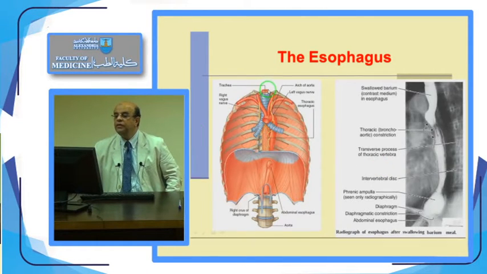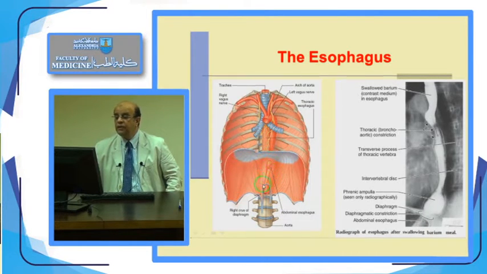So, this is the esophagus, in front is the trachea, this is the arch of the aorta, and the descending aorta, which passes behind the esophagus, the right vagus nerve, the left vagus nerve.